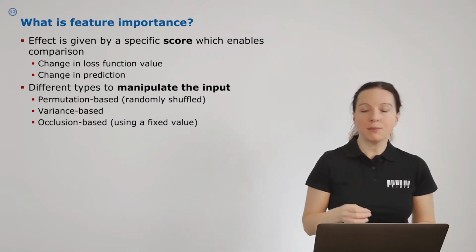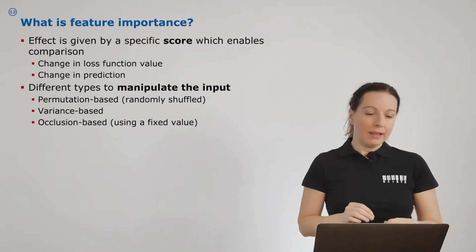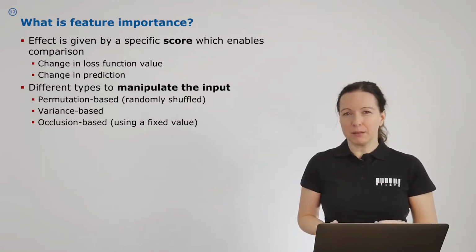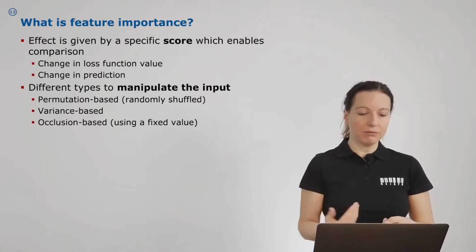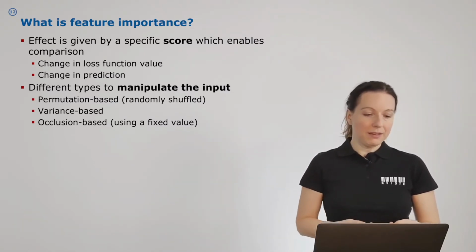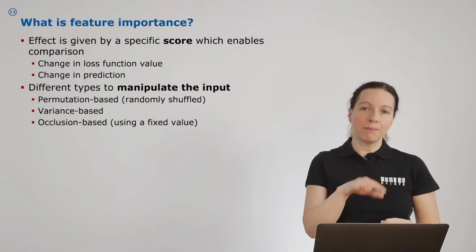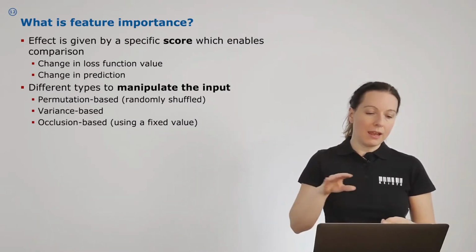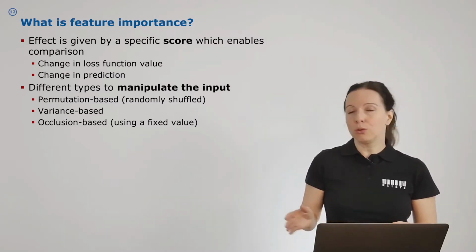There are different types to manipulate the input. One method is permutation based. That means you randomly shuffle the input features. Another possibility is variance based. Here you add some noise on the input and you see how the output changes. And another possibility is occlusion based.